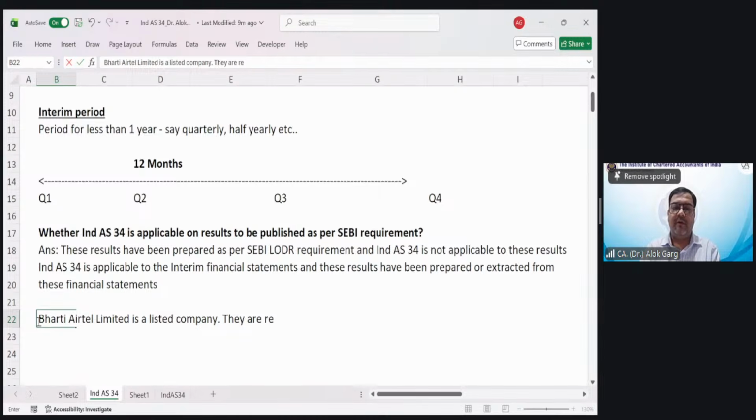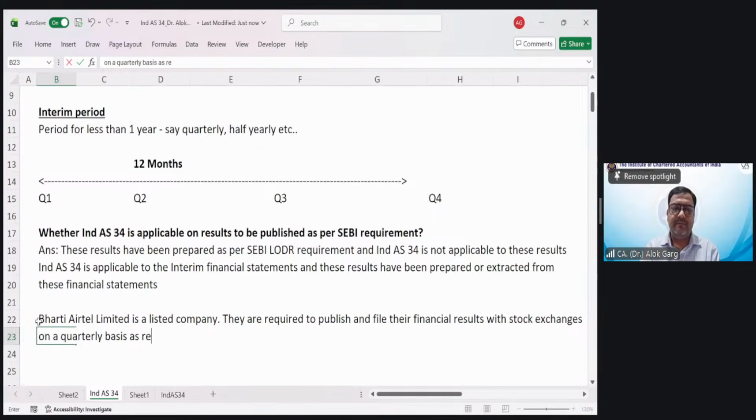They are required to publish and file their financial results with SEBI, which is stock exchanges, NSE, BSE, on a quarterly basis as required by SEBI LODR Regulations 2015. Okay, right?